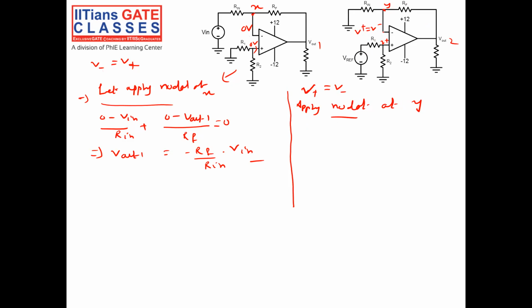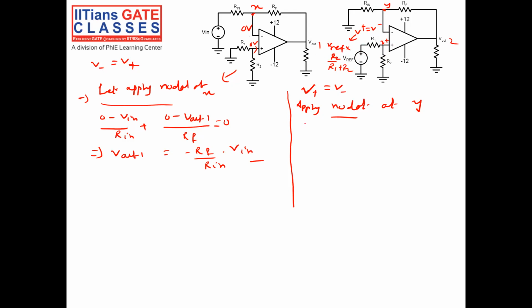Because of the virtual ground principle, the node potential here is V positive. What is V positive? V positive is nothing but Vref into R2 by R1 plus R2, right? R2 by R1 plus R2.